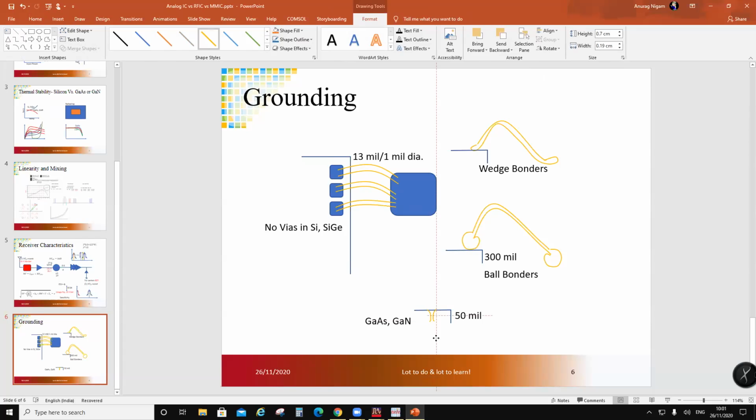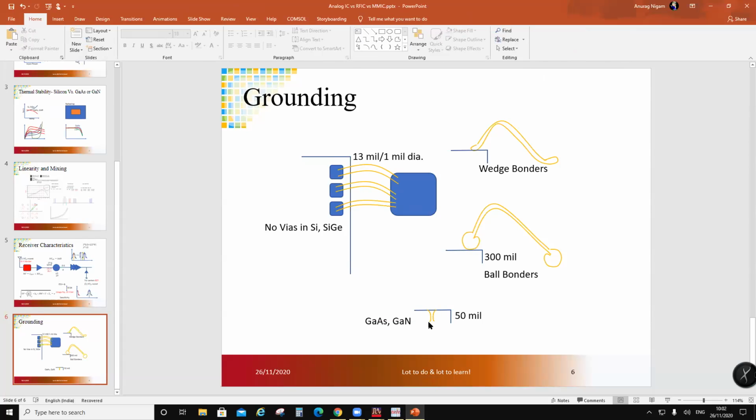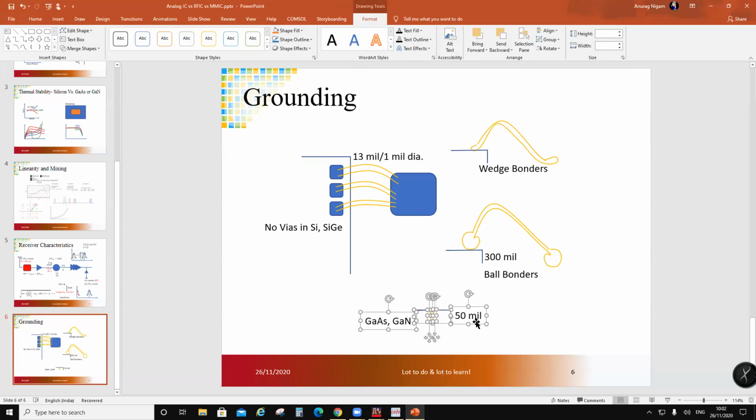So thinning of the wafer has an advantage here because the height of the via is going to shrink by the thickness of the wafer. If I thin down to 50 mil, sorry, not mils, I put microns, I'm making a mistake here. It is micrometer, so it is 2 mil actually.